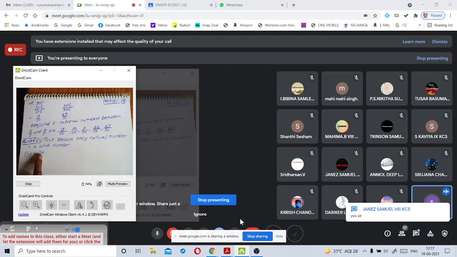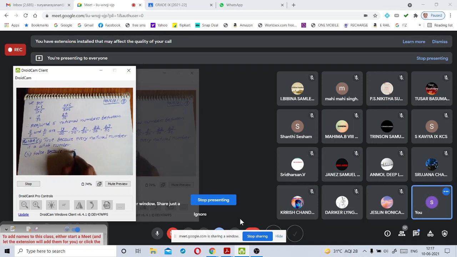So this statement is false because we are giving a counter example, to show this statement is false: -1 is an integer, but it is not a whole number.